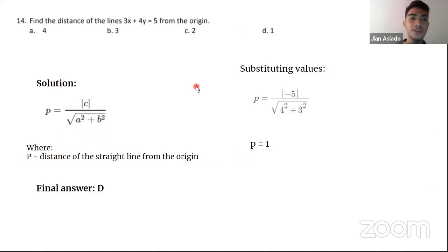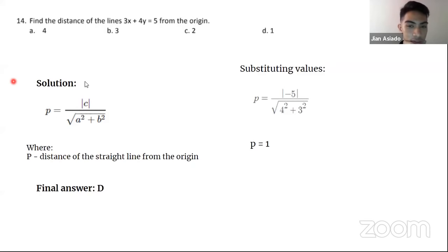Okay, ito naman number 14, find the distance of the line 3x minus 4y is equal to 5 from the origin. So, this one may formula dito. Yung P is equal to the distance of the straight line from the origin.